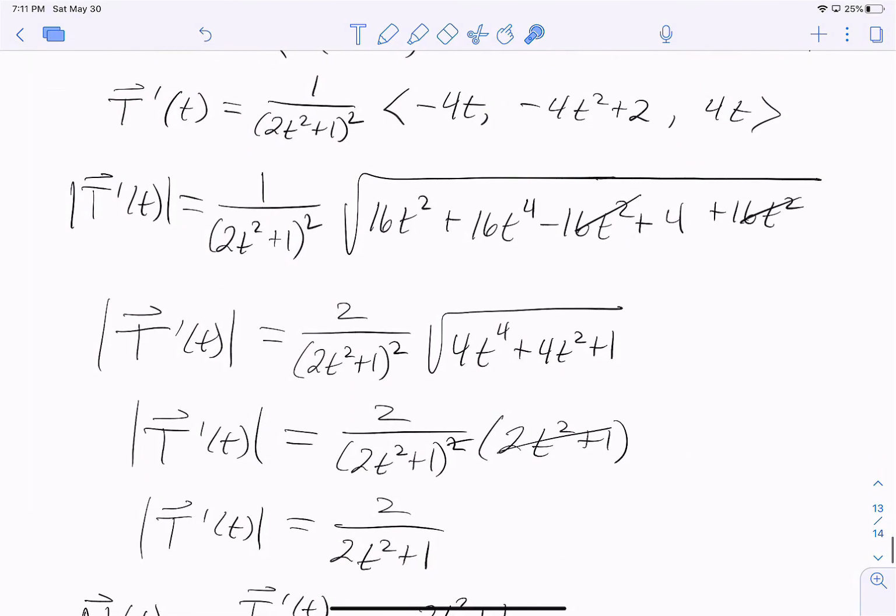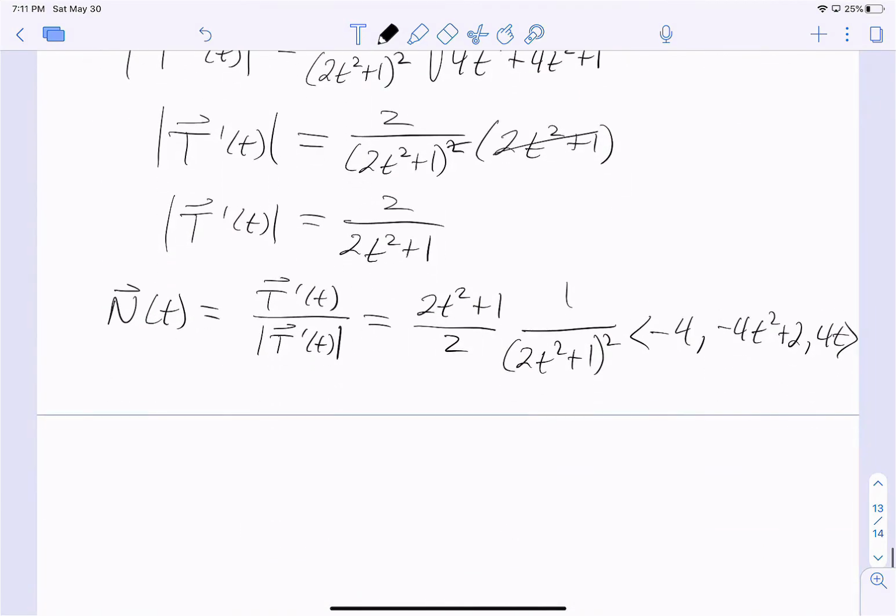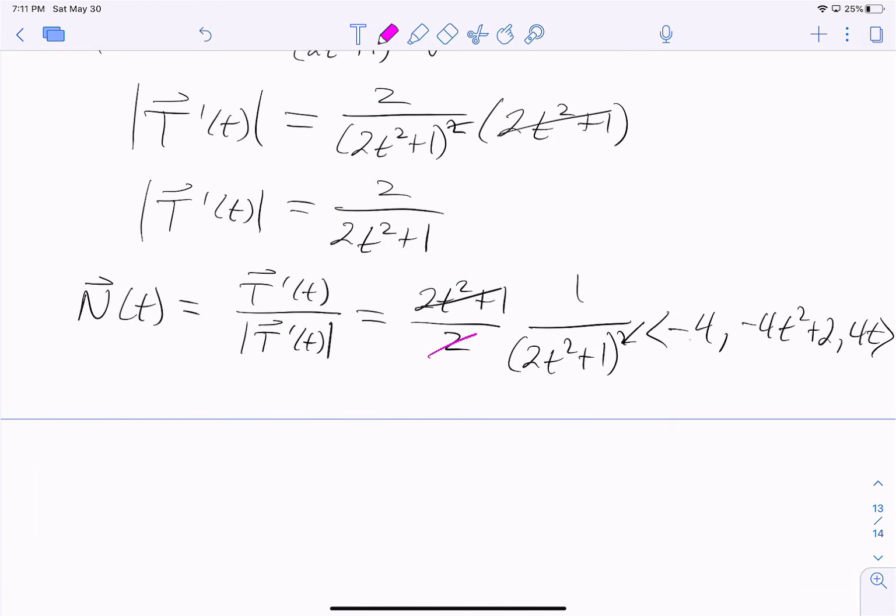Oh, gotcha. I was premature in writing the vector. The vector T prime of t has a denominator. It's 1 over 2t squared plus 1, the quantity squared. And then we have our negative 4t squared plus 2, and 4t. Hey, look at that. 2t squared plus 1 is going to divide out again. Furthermore, we have a factor of 2 in a denominator that can cut all of the terms by 2.